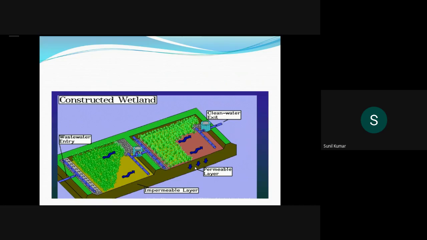Below that there will be an impermeable membrane, so that whatever sewage is let out is not getting into the groundwater and polluting it. Finally there will be an exit for the water, which will be taken out, and based on the retention time and the plant and the combination of these, we are going to get the treated water quality. So this is basically a constructed wetland process.